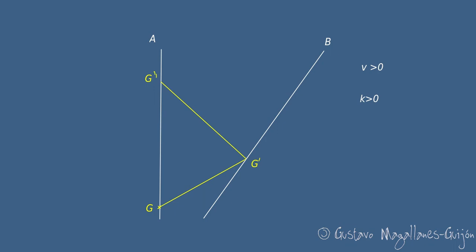And again, we have another event, the event H, and in this case is H prima, and this event is descending to the observer A.